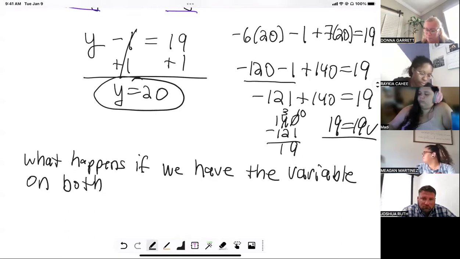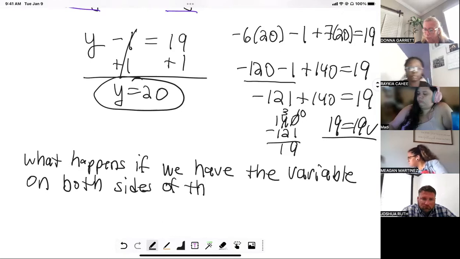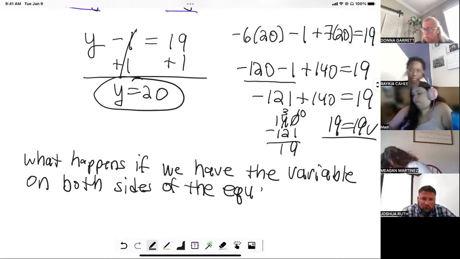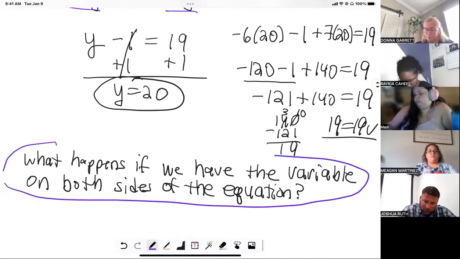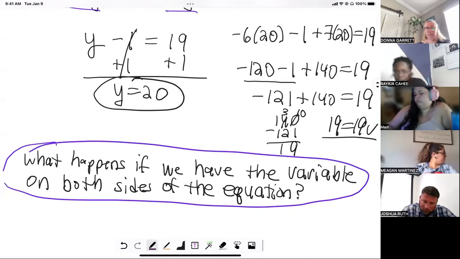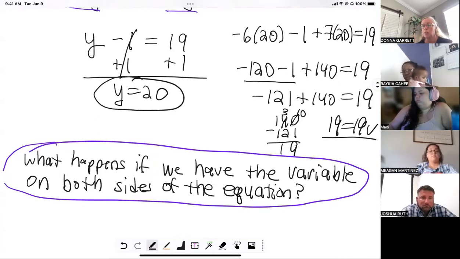We haven't done that yet. We've only had a variable on one side of the equation so far. We haven't done where the variable is on two sides of the equation.